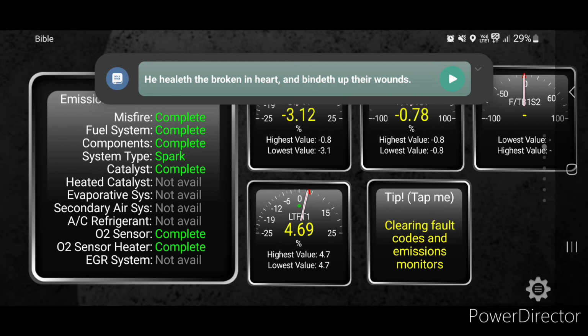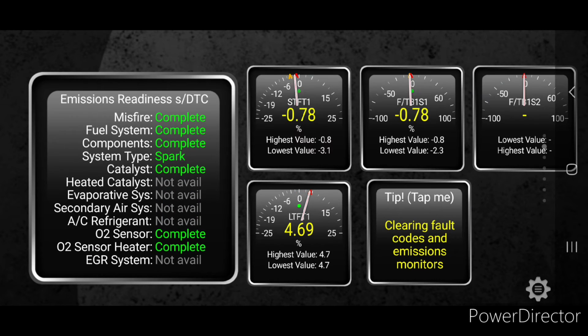Okay, so highest value, short-term fuel trim. Short-term fuel trim is reading nice, guys.